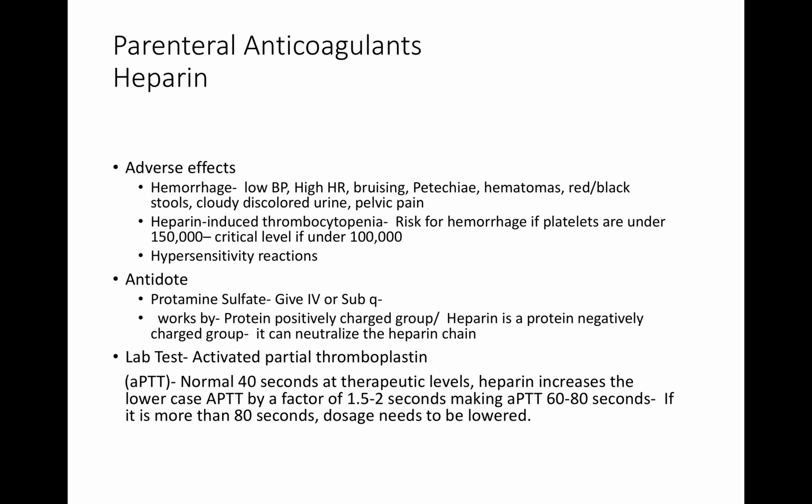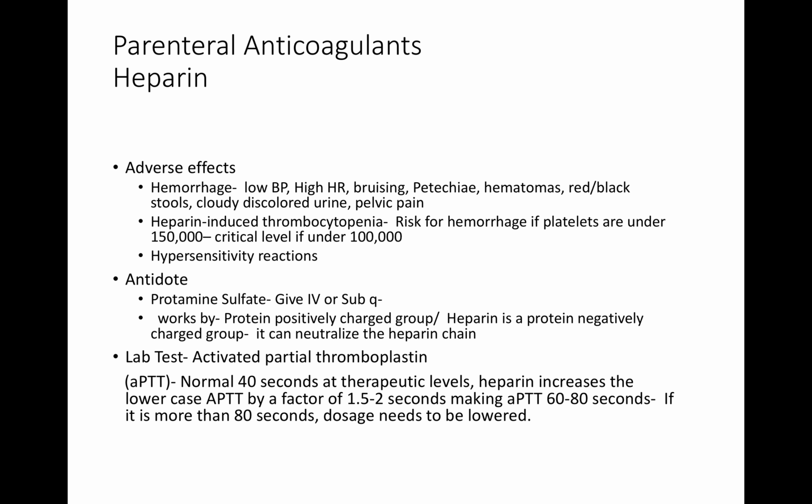The lab test that we need to check as we go, with serial checks all the time, is called APTT, activated partial thromboplastin time. Normal is about 40 seconds. At therapeutic levels, heparin increases the APTT by a factor of 1.5 to 2, making the APTT 60 to 80 seconds.